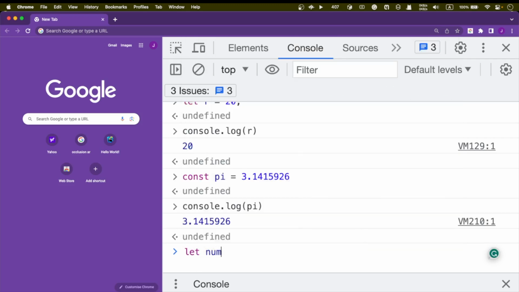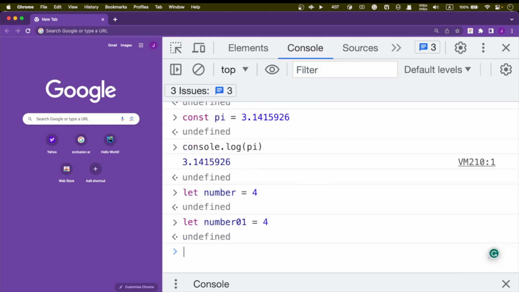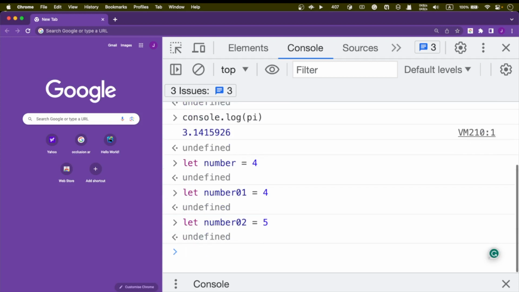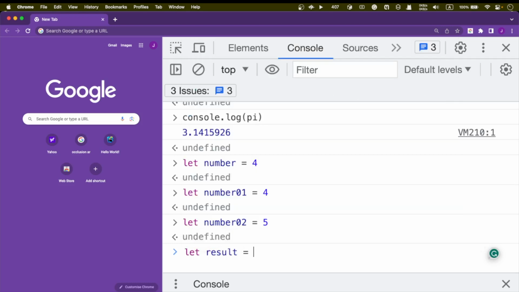So let's make some numbers here. Let number1 equal 4, and let number2 equal 5. And let the result equal number1 plus number2.